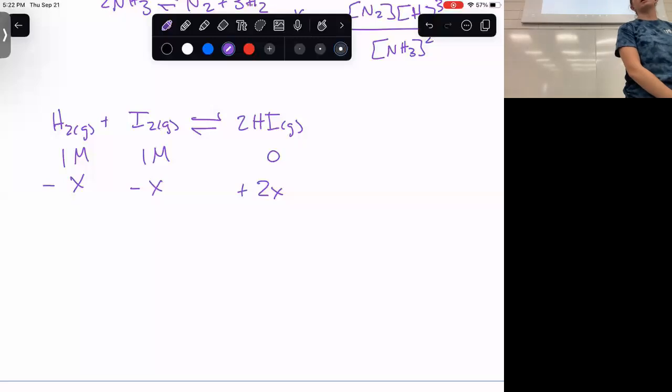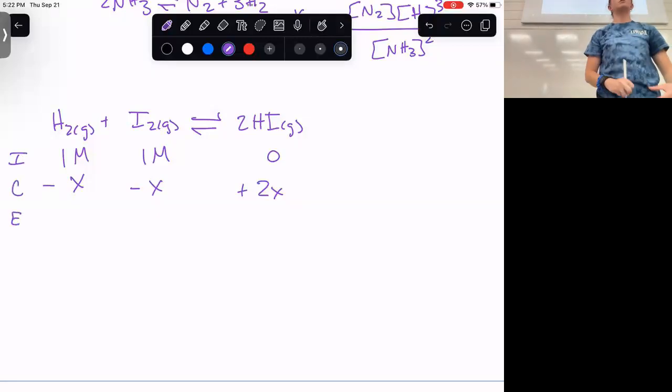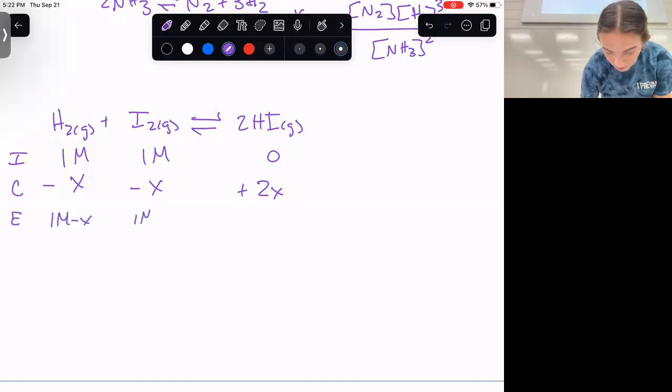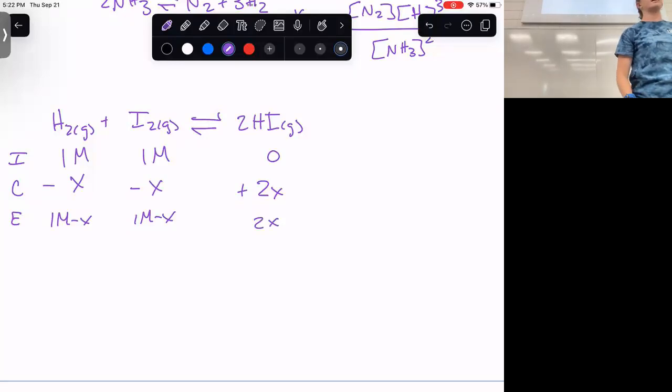For every 1 mole of I2, we get 2 moles of HI. So at equilibrium, this is where this ICE table you might have heard of comes from. We have our change in our equilibrium. So at equilibrium, we'll have 1 molar minus X, 1 molar minus X, and then 2X as our concentrations at equilibrium.